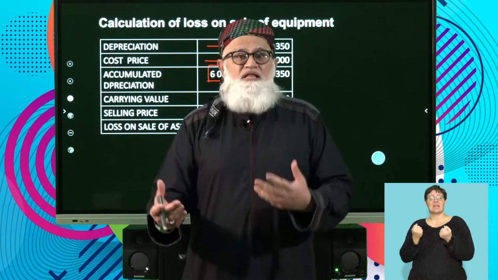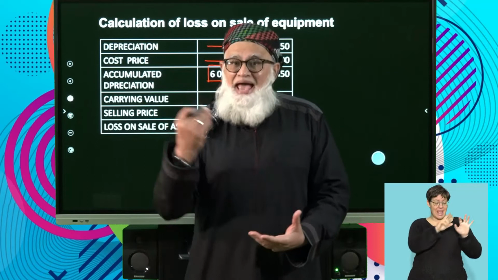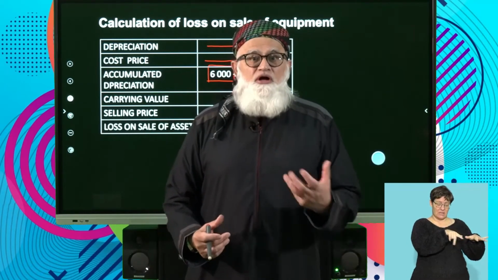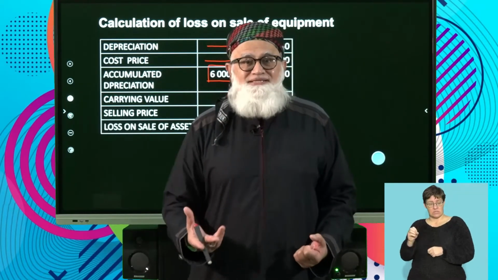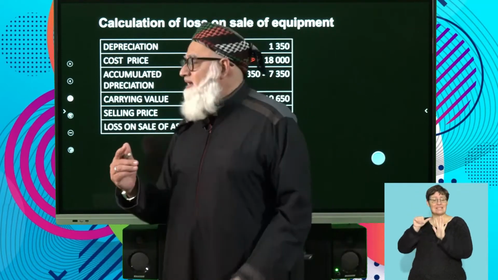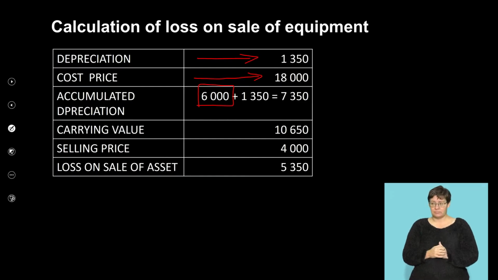So obviously, if your cost price was 18 and you had a carrying value of 12,000, your accumulated had to be 6,000 Rand. Okay, so that's the 6,000 Rand plus this year's depreciation to give me a total accumulated of 7,350. Next step, work out your carrying value.